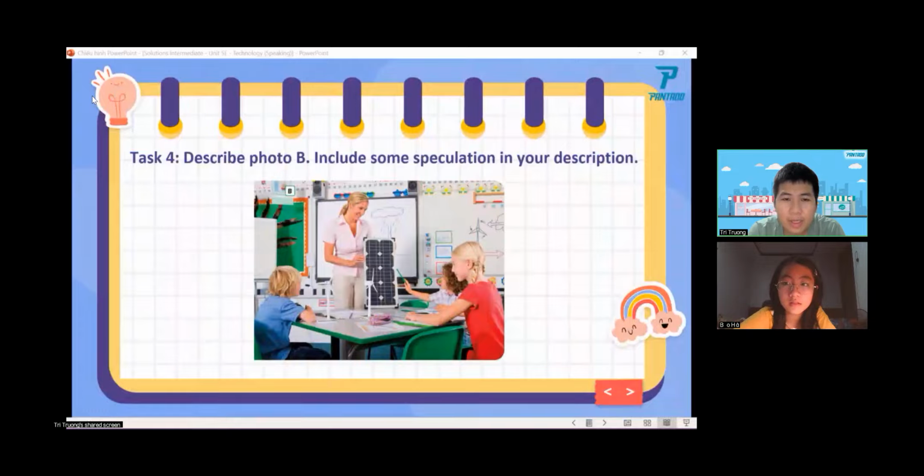So it seems like they are learning about the weather and about renewable energies. The teacher is holding a solar panel. On the table, there are some wind turbines. The students seem excited about the lessons. Okay, so I think that's quite enough for the picture.